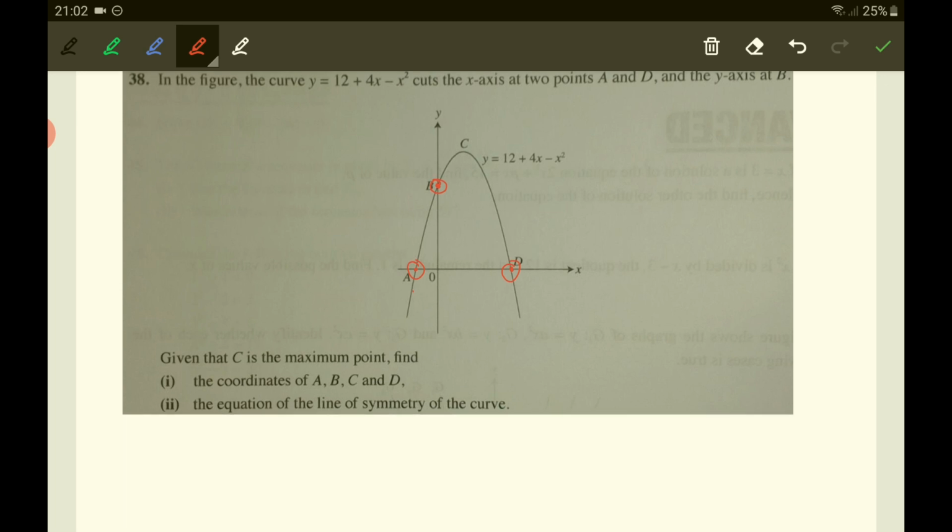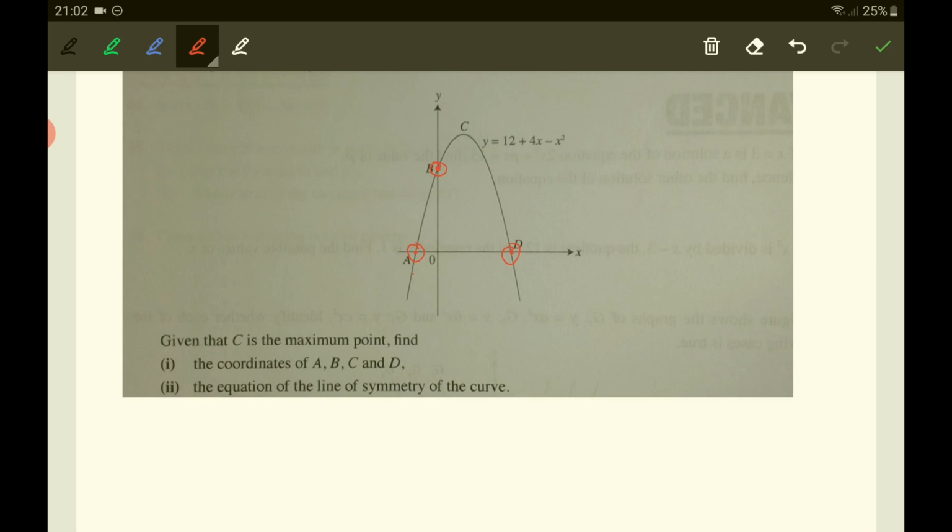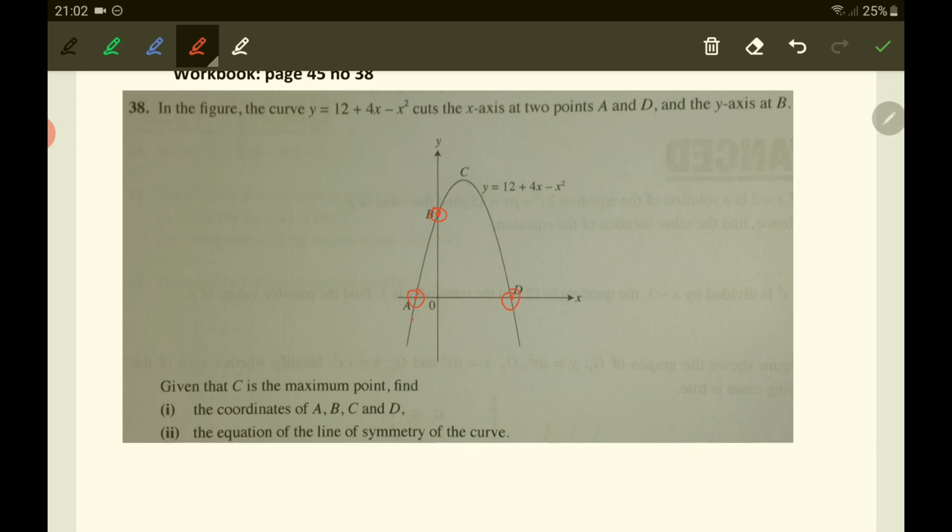Okay, yeah. So the question is, find the coordinates of A, B, C, D. So we are going to find all the coordinates here. So C here is the maximum point, yeah. Okay, so this is the maximum point C.